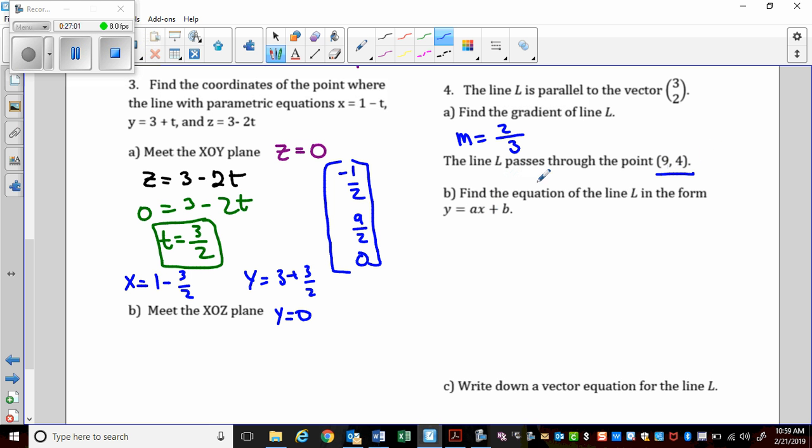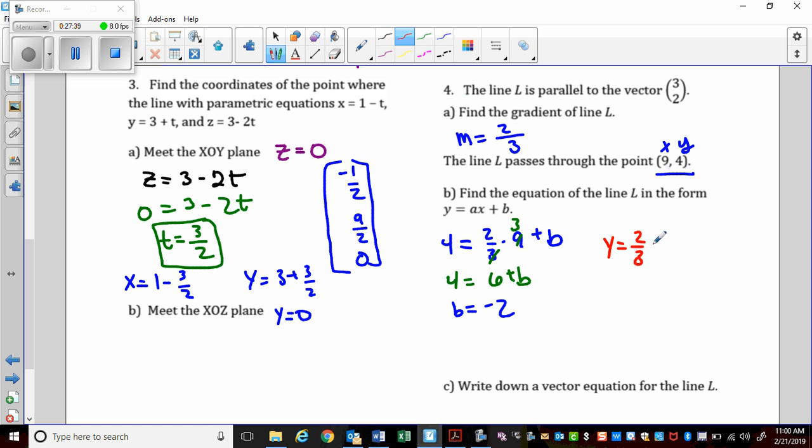So I know that my y value is 4 equals my slope, the 2/3, and then my x value is 9. And we don't know b. We got to figure that out. 2/3 times 9 is 6. If I subtract 6, we get b equals -2. Okay, now I can just write the equation of a line. Y equals my slope, which is 2/3 x minus 2.